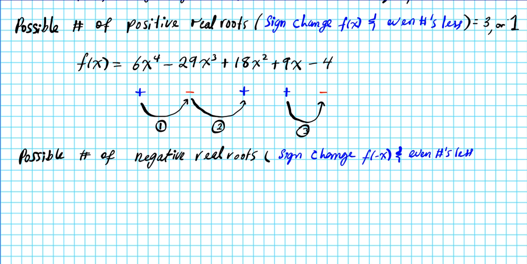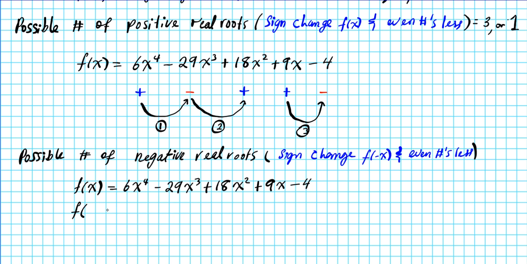Okay, so let's see what we have here. We want to determine what f of negative x is. We know that f of x is 6x to the fourth minus 29x to the third plus 18x squared plus 9x minus 4. So f of negative x is what?